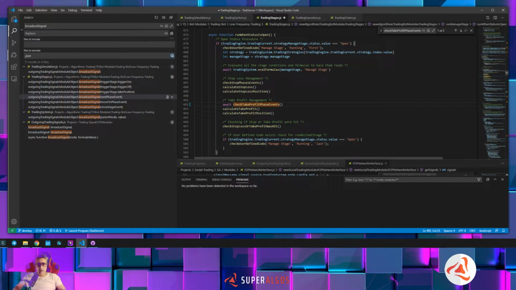We will need to await these two. Check take profit phase event. Check stop phase event. Await.